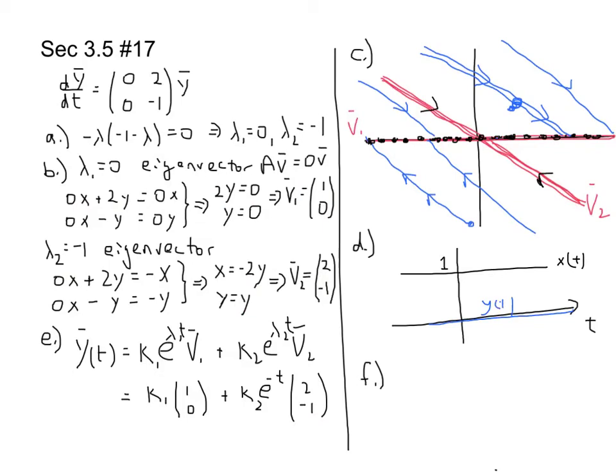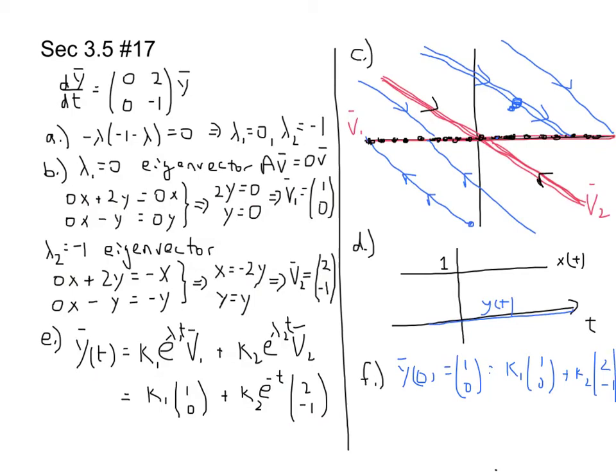Finally, then they ask, but I've already written it, for our general solution in part E and part F, find the particular solution that goes through (1, 0). Well, again, I could take my general equation and say I'm looking for a solution which at time 0 is (1, 0), and that leads me to k1 times (1, 0) plus k2 times (2, -1).